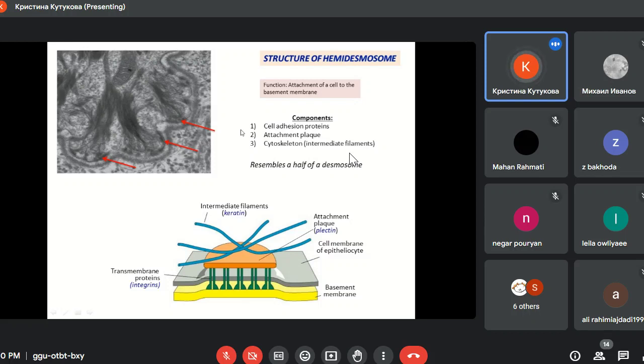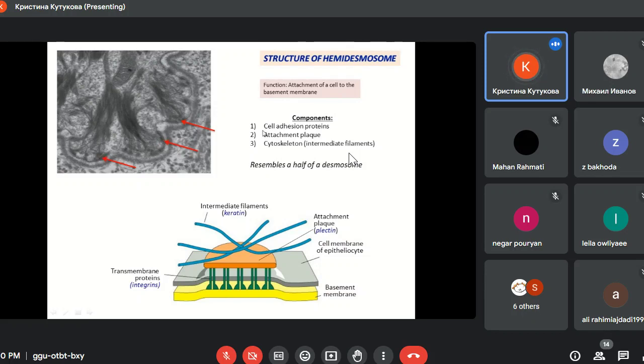A second component of hemidesmosome, attachment plaque. Here it is. Its protein is plectin. The attachment plaque is shown here with red arrows. It looks like a thickening of the membrane of a cell, a more dark and thick line here.